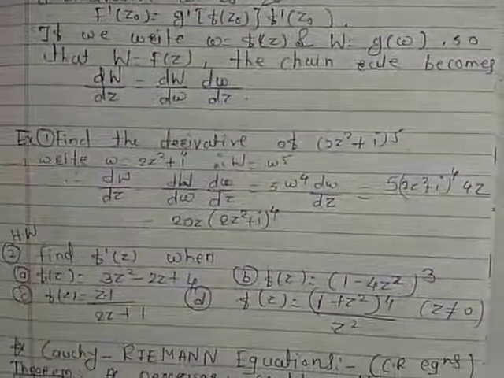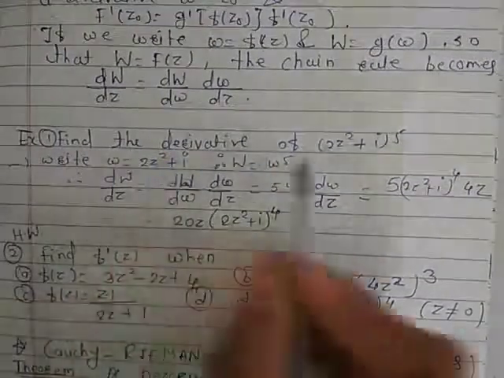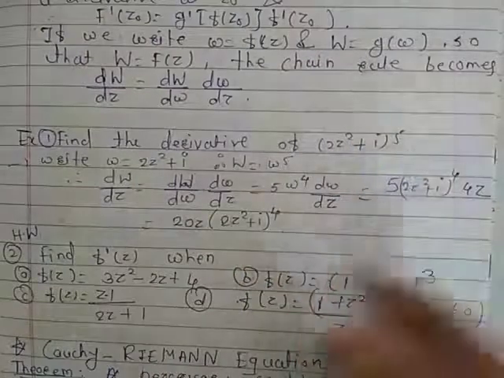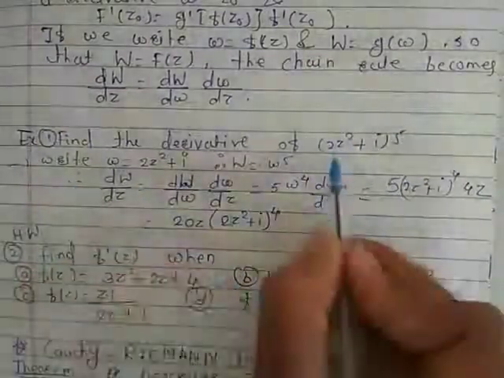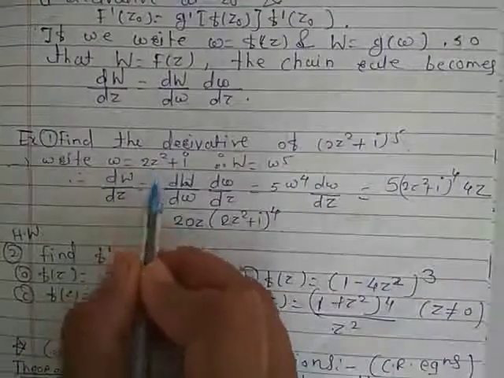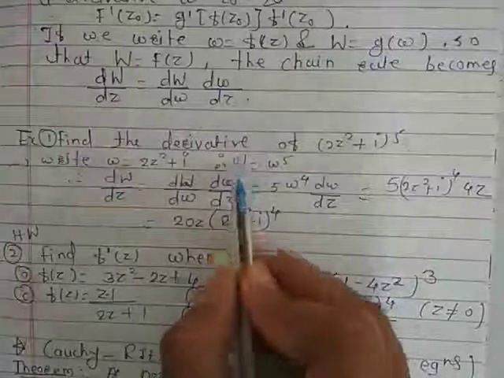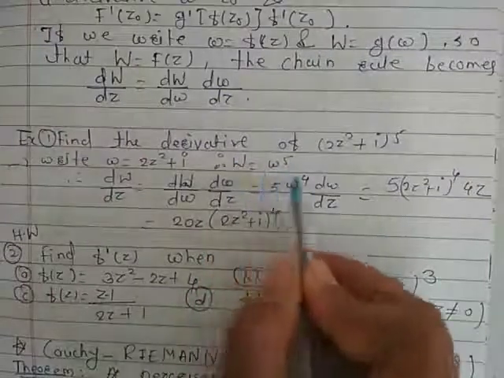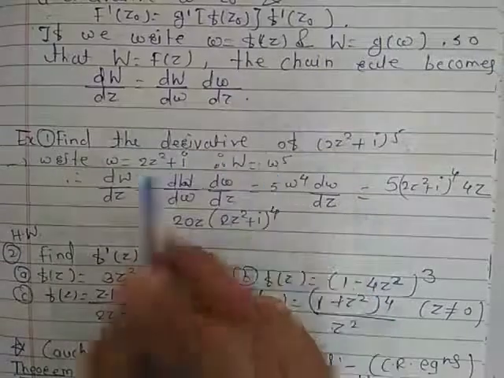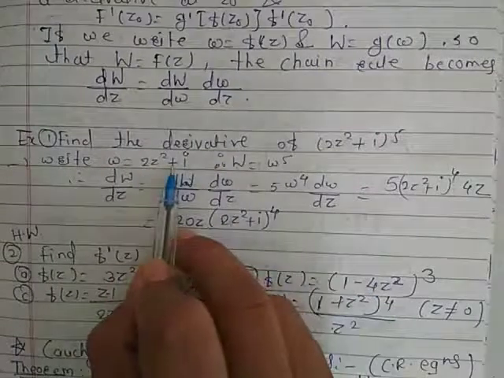Let us see an example based on this chain rule. Find the derivative of (2z square plus i) raised to 5. Take omega is equal to 2z square plus i. So you will get W is equal to omega raised to 5. Here W is a function of omega and omega is a function of z.